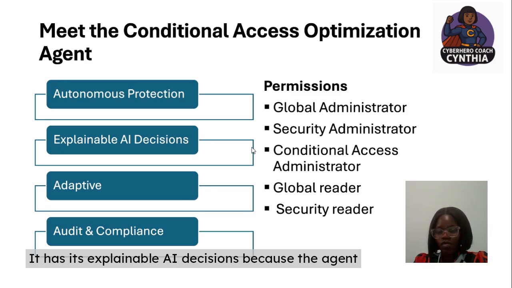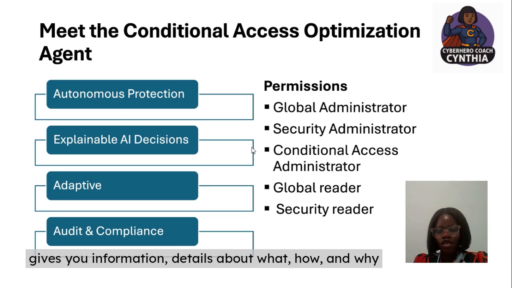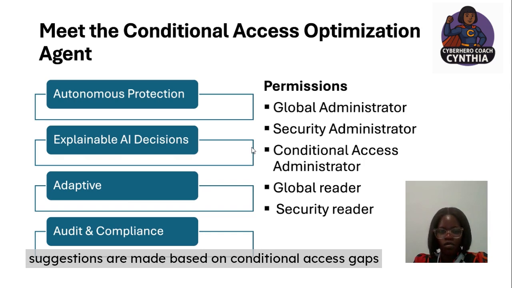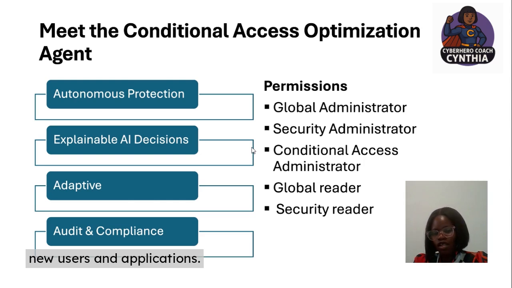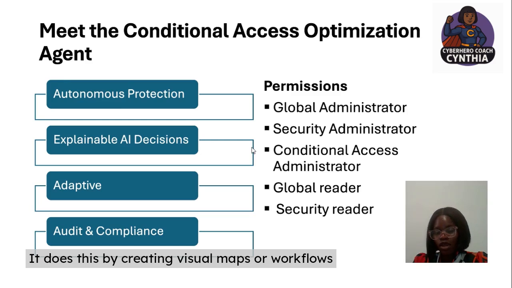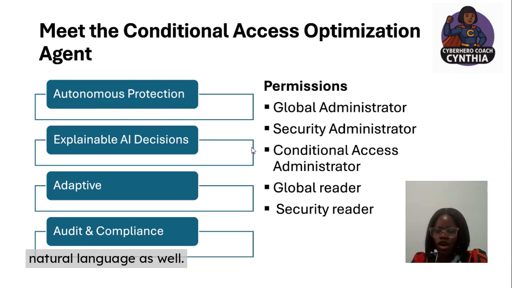It has explainable AI decisions, because the agent gives you details about what, how, and why suggestions are made based on conditional access gaps or even implementing conditional access policies for new users and applications. It does this by creating visual maps or workflows explaining each process and stage, and also with natural language as well.